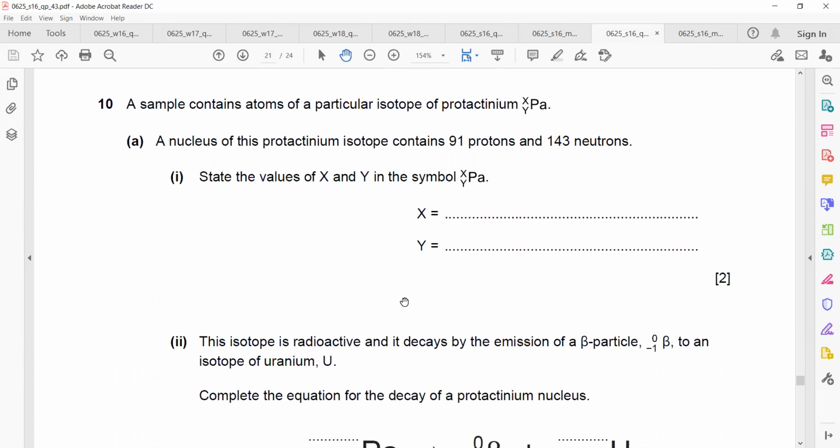The nucleus of this protactinium isotope contains 91 protons and 143 neutrons. What will be the value of X, the atomic mass, the sum of neutrons and protons? 234. And what will be Y? That is equal to 91.